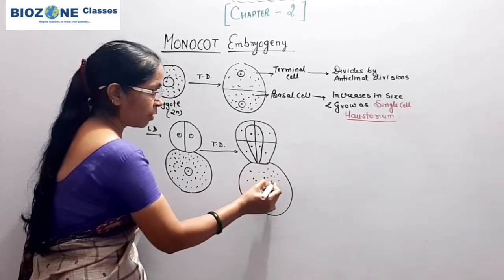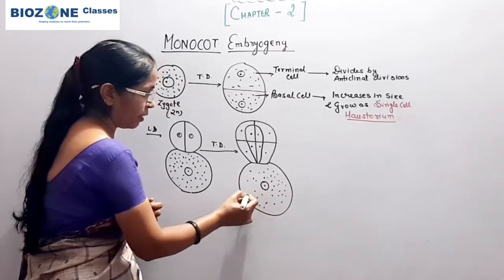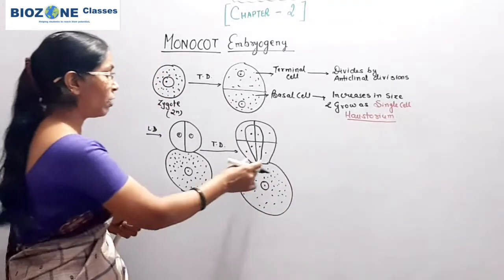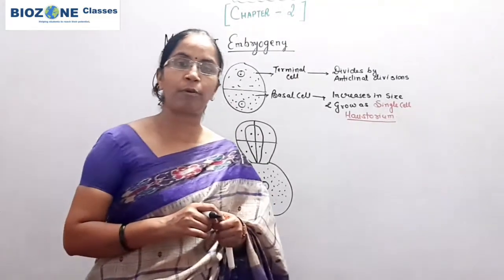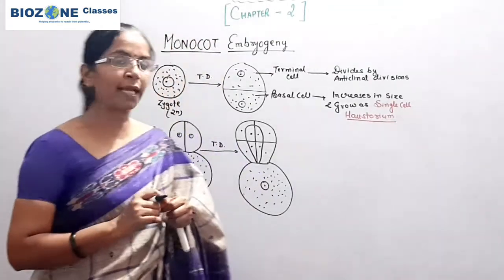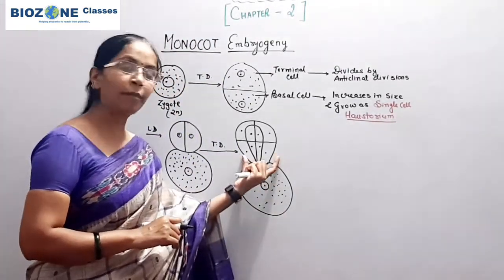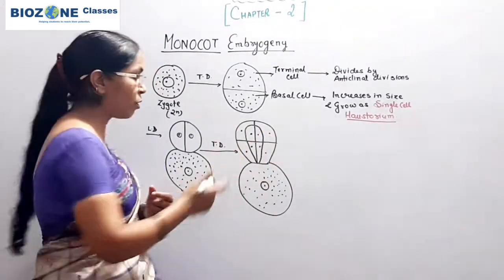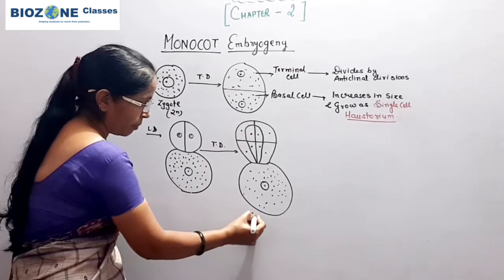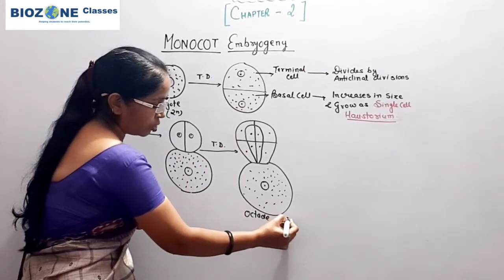If you recall the dicot embryo, remember this difference clearly. In dicot embryo, we draw the long slender suspensor, and in the suspensor the hypophysis and micropylar cells are present, but here only a single-celled haustorium. The terminal cell up to the octant stage divides similar to dicot, and this stage is called the octant stage.